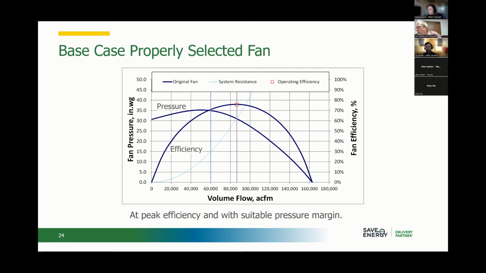Here's a much older style fan, which is a forward curve fan. Every residential furnace that you see has one of these. Forward curve, a lot of blades in here, very short. You would be hard pressed to find one of these that's over about 65% efficient. So that starts begging the question, why would you use this fan instead of this fan?